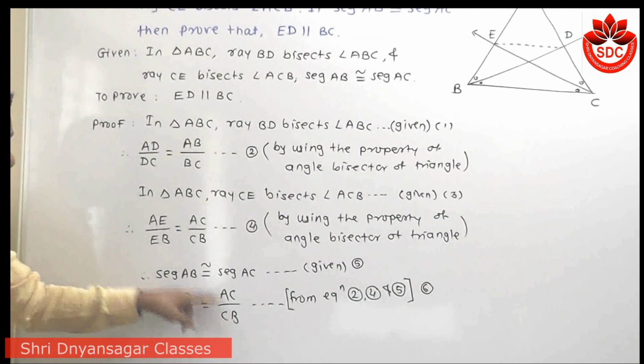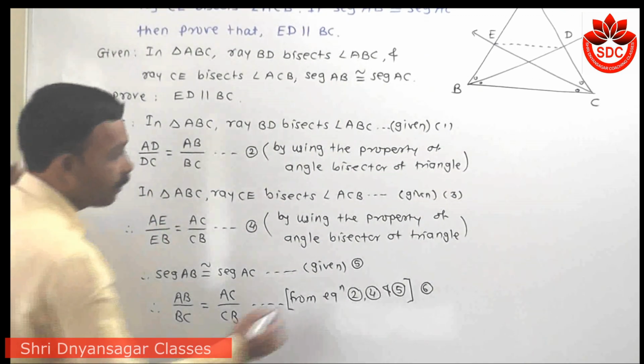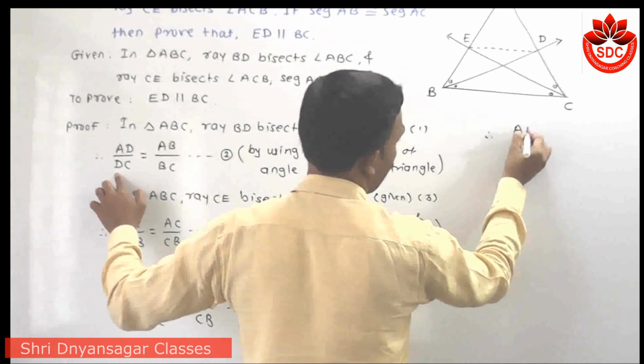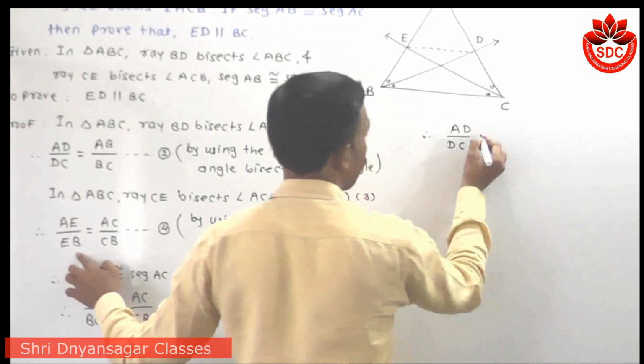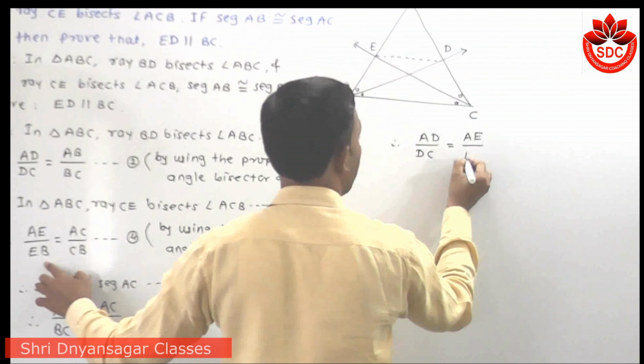If these two ratios are equal, then their corresponding ratios are also equal. Therefore, I write here AD upon DC is equal to AE upon EB.